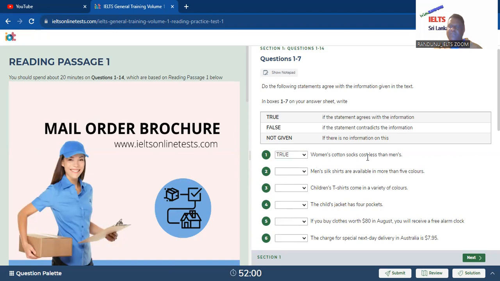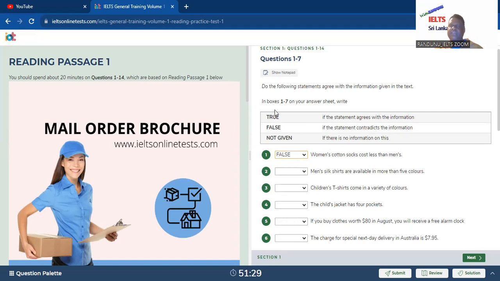Women's cotton socks less, men's more, right? But if the information is like men's less, women's more, that means it is conflicting, contradicting. So the answer is no, or false, right?